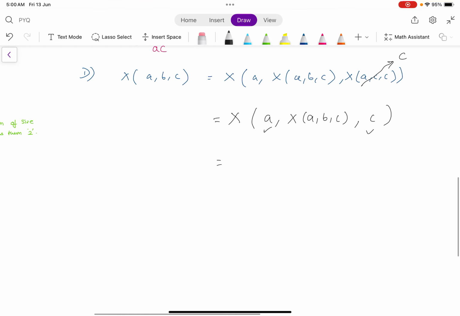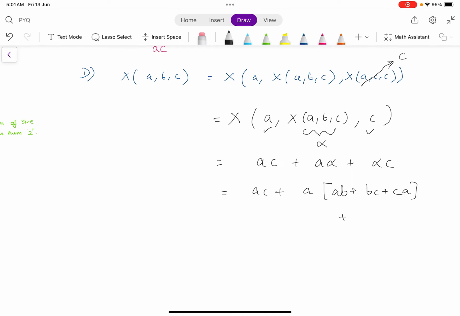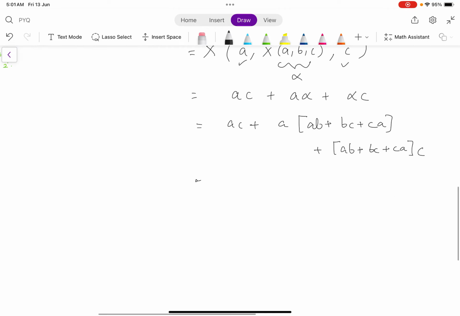If you do this analysis, it becomes AC plus, let's assume alpha, A alpha plus alpha C. If you expand the alpha, it becomes AC, AB plus BC plus CA, and AB plus BC plus CA into C becomes AC plus ABC.